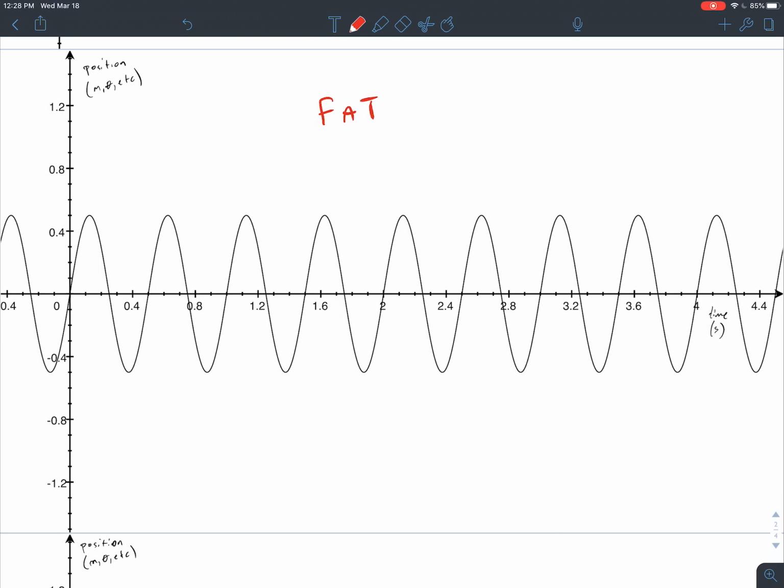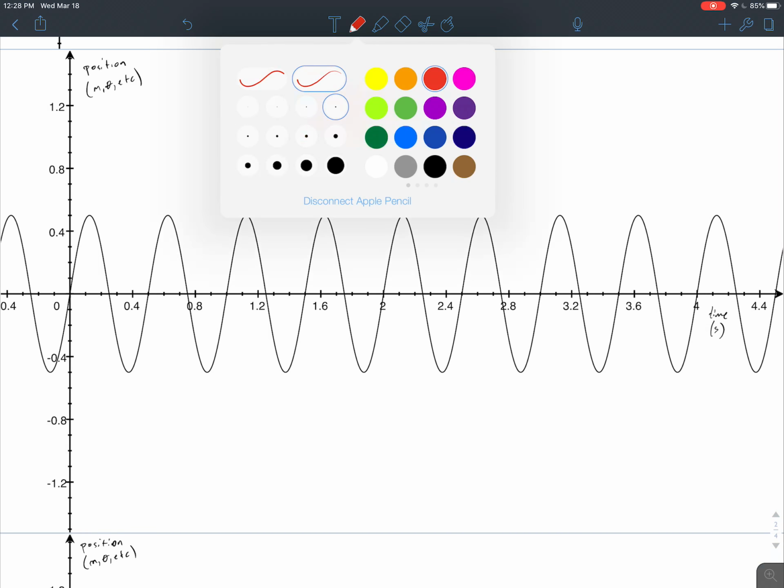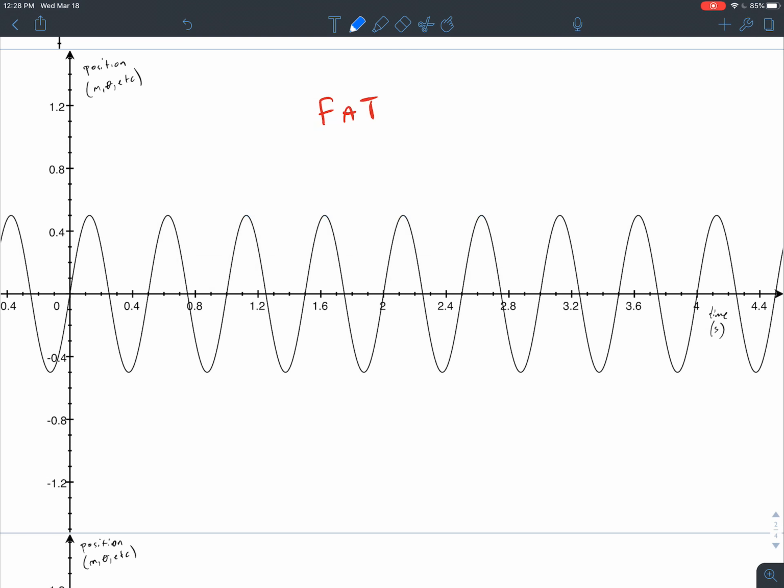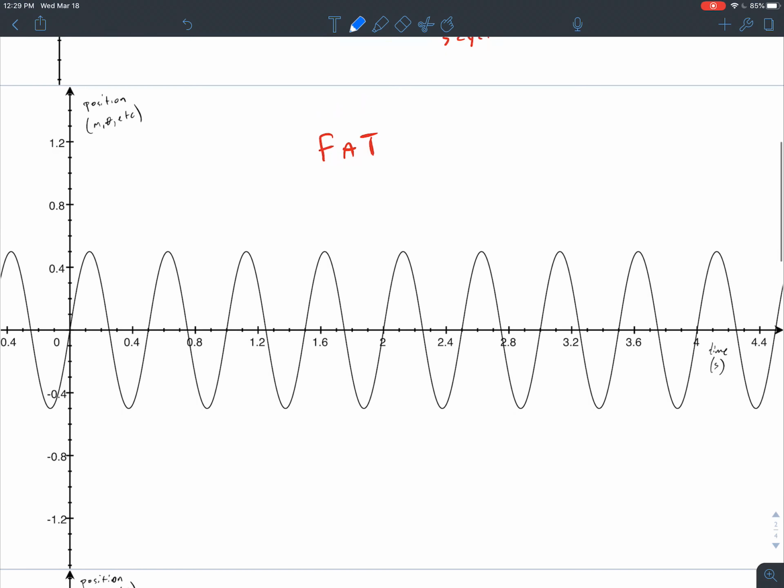Okay, hopefully you took the time to try to figure it out. If I look at this one, you can tell it's a big frequency. Anyways, that's not what I want to do. I want to do the other one. So we've got 1 cycle, 2 cycles, 3 cycles, 4 cycles in 2 seconds.